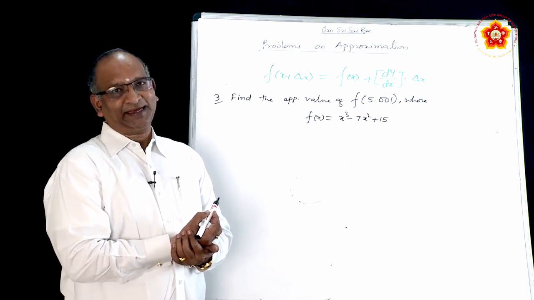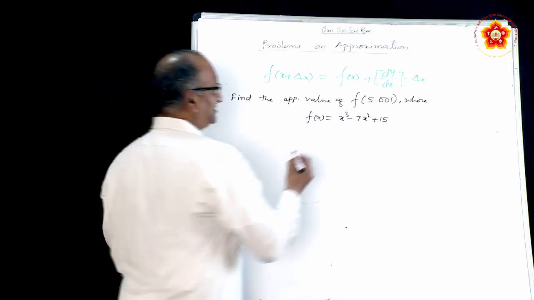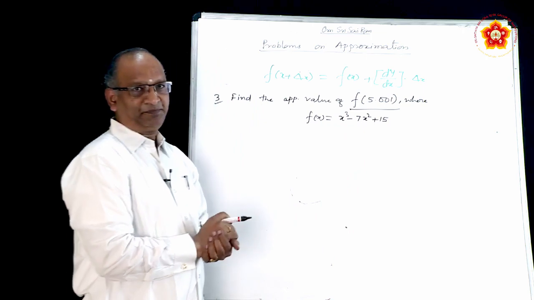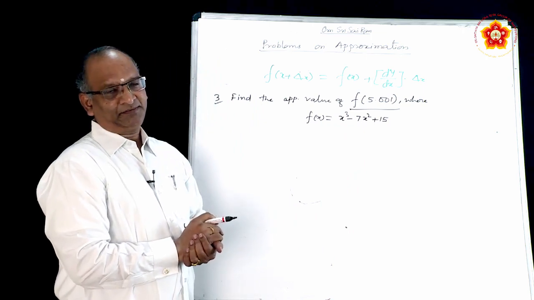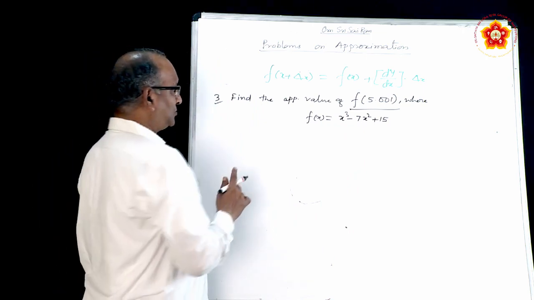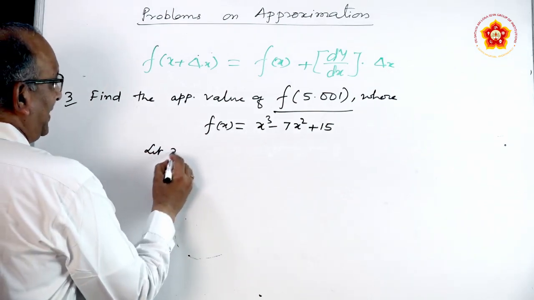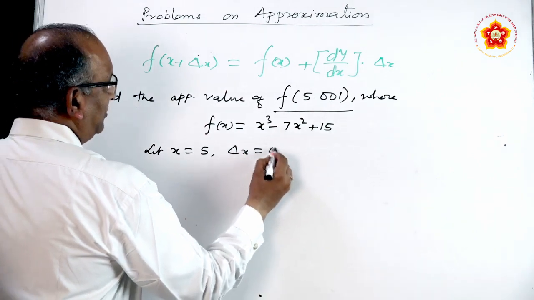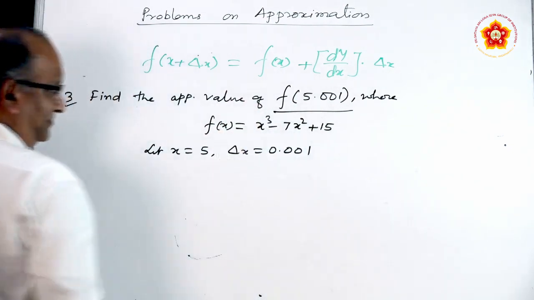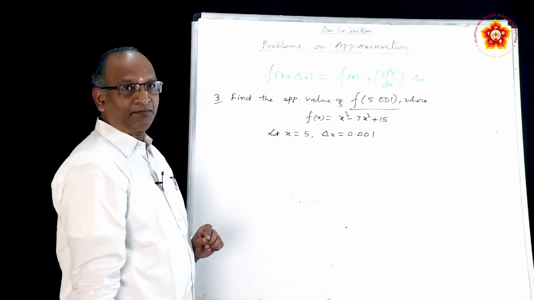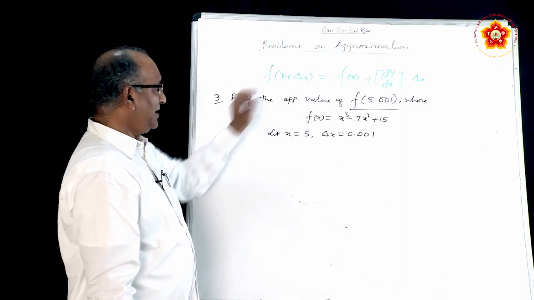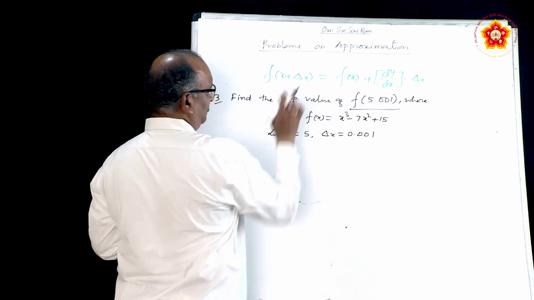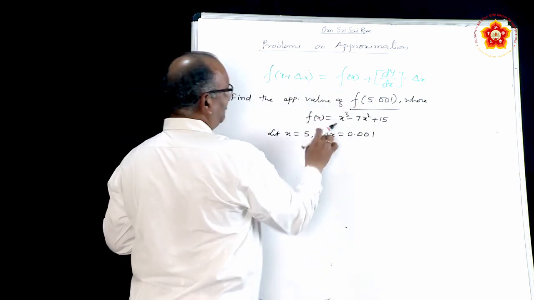What we should take as x? As I mentioned to you, f of x plus delta x is the problem. What should be x? X should be 5. So, let x is equal to 5, delta x is equal to 0.001. So, in the formula, we are finding out f of 5.001, which will be equal to f of 5.